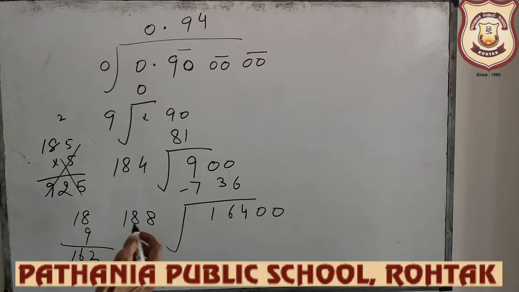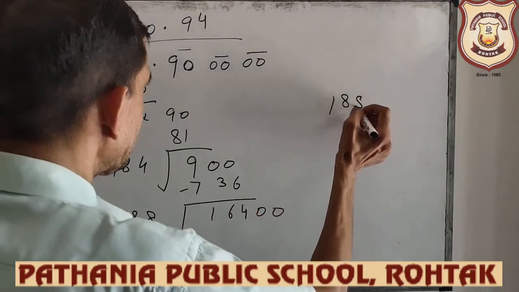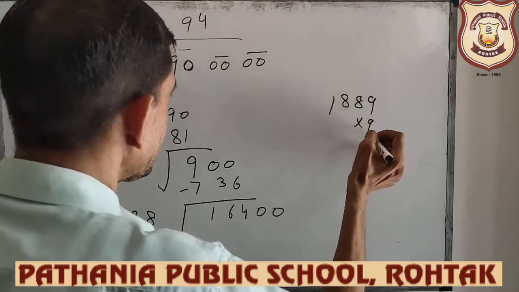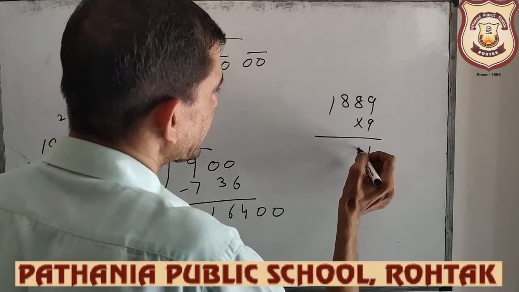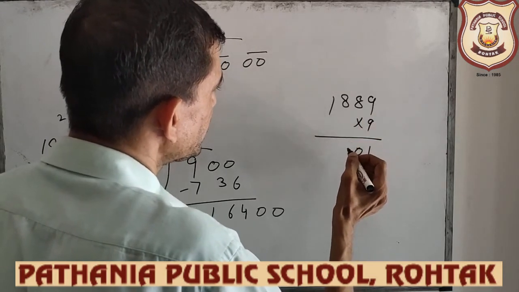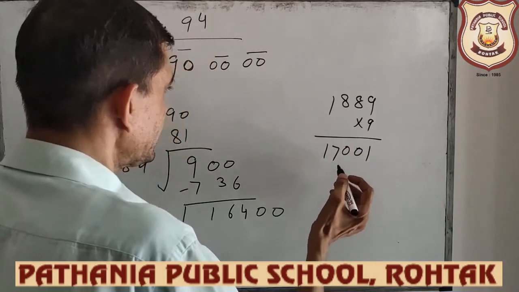So it should be 1889 into 9. 188 into 9 into 9. What is it? 9 9 is 81, 9 8 is 72 and 8, 80, 9 8 is 72, and again 8, 9 ones are 9, 17.